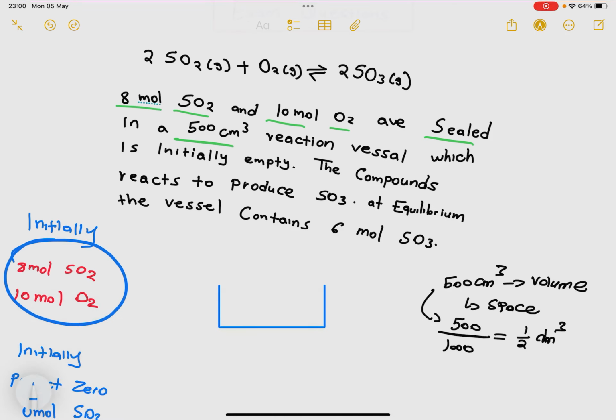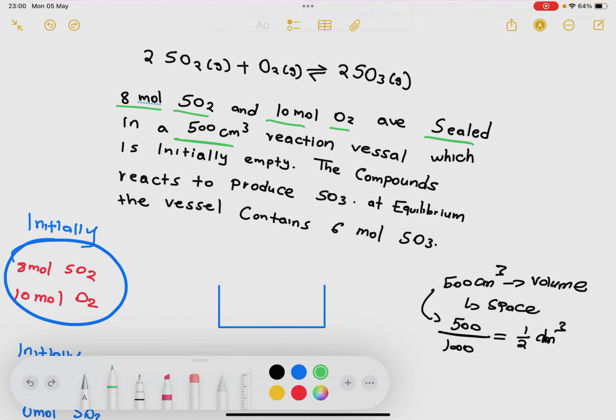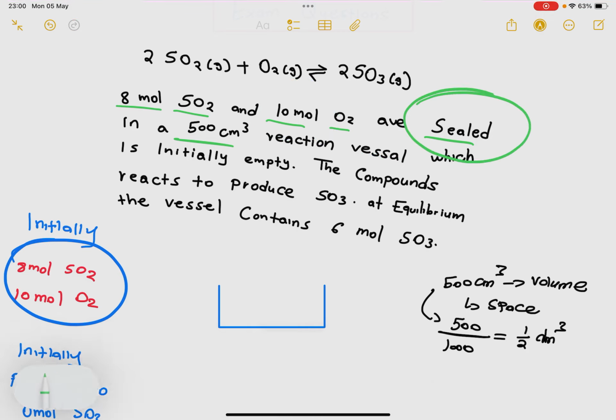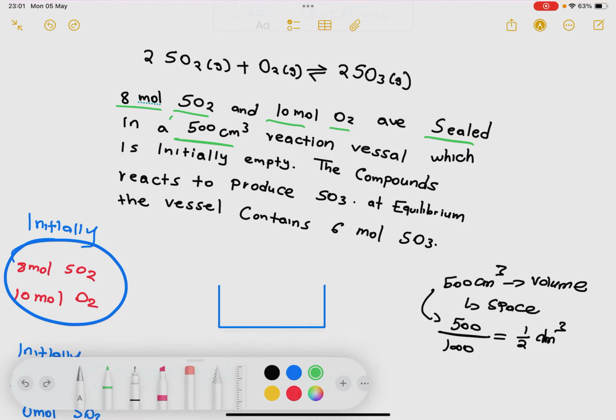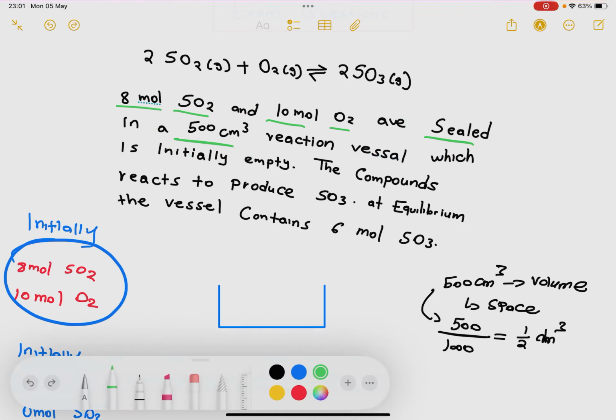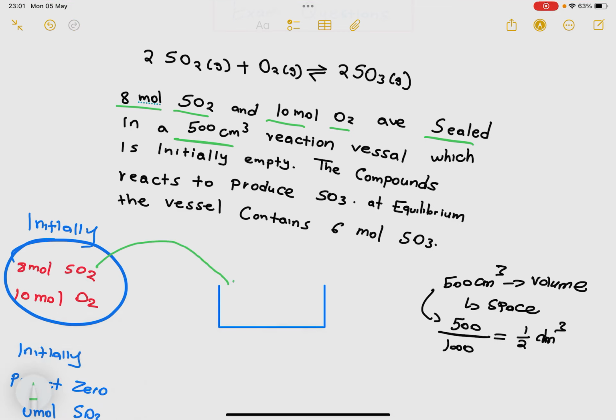So now, what are we eventually going to realize? We realize that the 8 mole of SO2 and the 10 mole of O2 are sealed in a volume of 500 centimeter cubed. So we take this in here, and we also take this in here. We've got the 8 mole of SO2, and we've also got the 10 mole of O2.